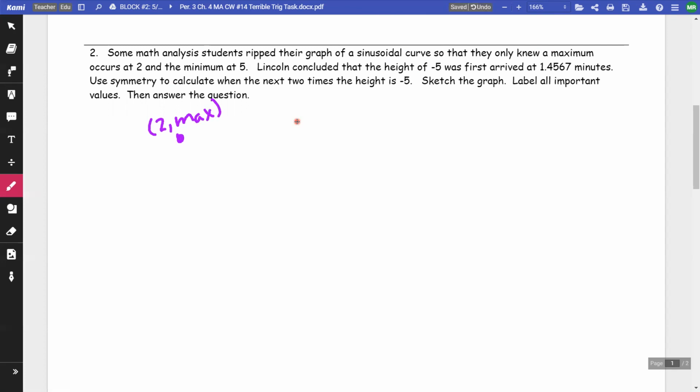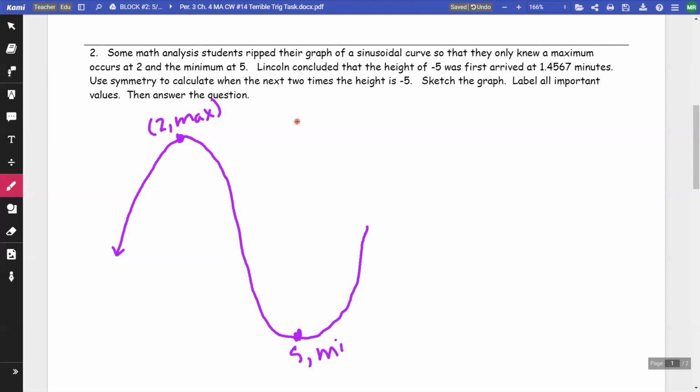And so what's going to happen is I'm coming up to here. Okay, that's my max. I'm going down and back up. And I know my minimum is going to be at 5. So this is going to be 5 comma whatever our minimum is. Not sure what it is, but I know it's going to occur at 5.